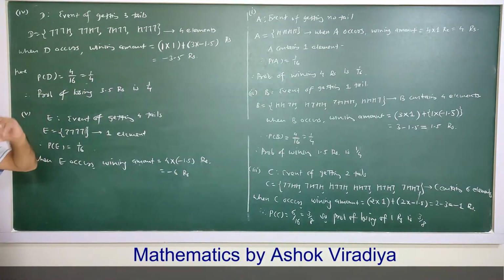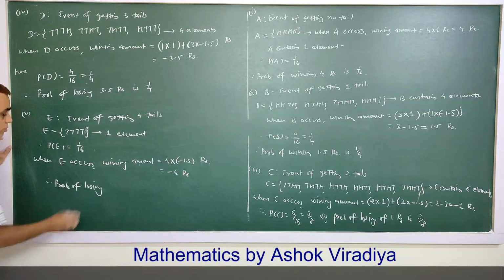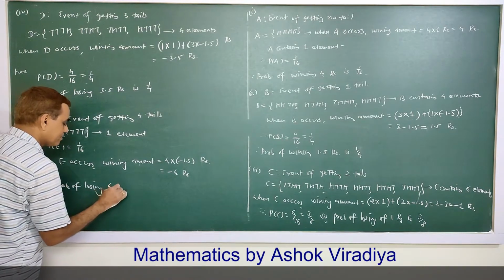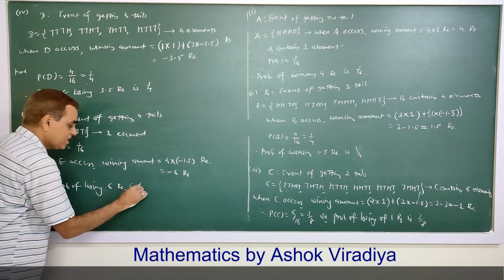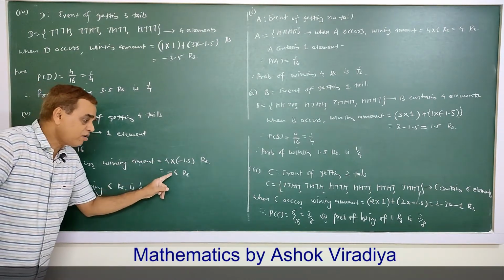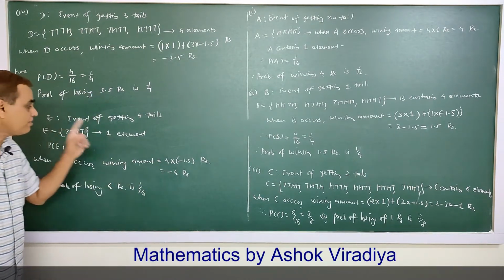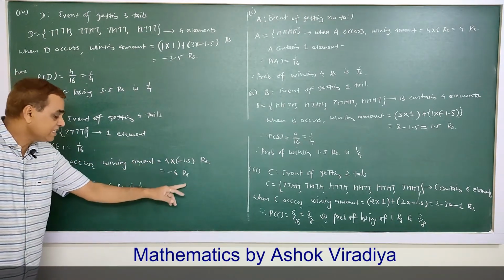So a loss of 6 rupees. Therefore, the probability of loss of 6 rupees is 1 by 16. So when this event occurs, the player lost 6 rupees. So the probability of this event is equal to the probability of losing 6 rupees.